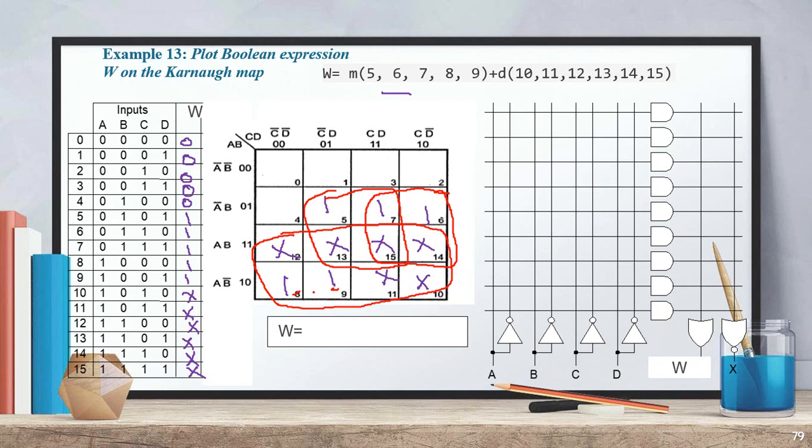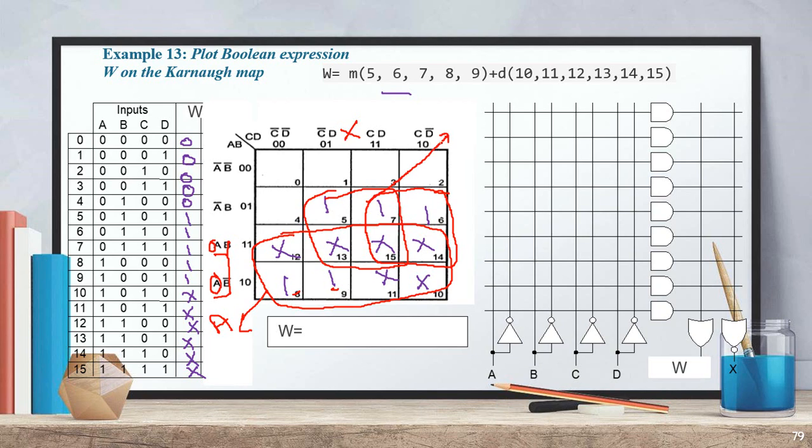Now what is the equation we can represent for each group? In the first group, all the columns are present, so all the columns will cancel out. We only get the 2 rows, AB and AB bar, where A is the common part and B and B bar get cancelled, so we get A for this answer.